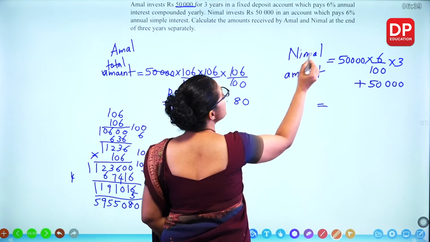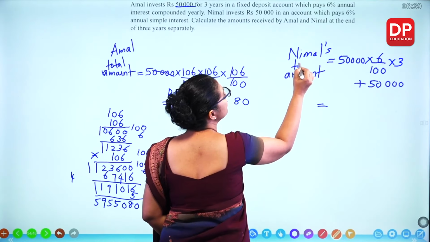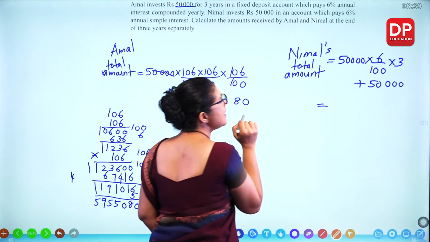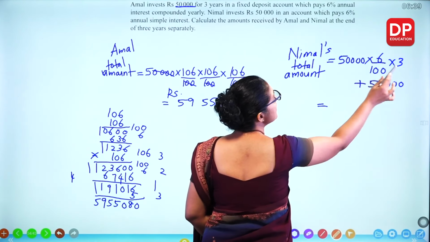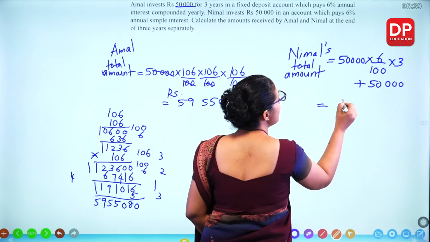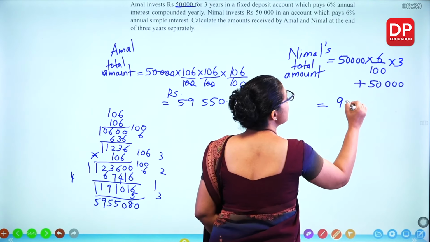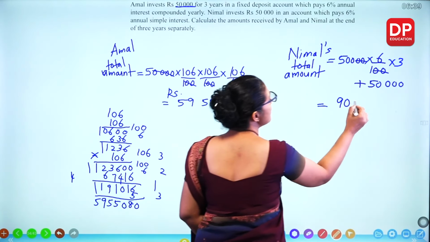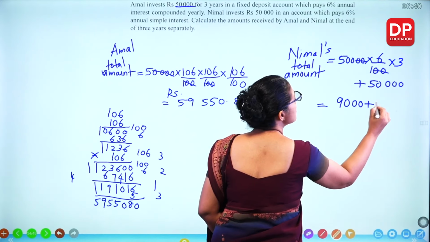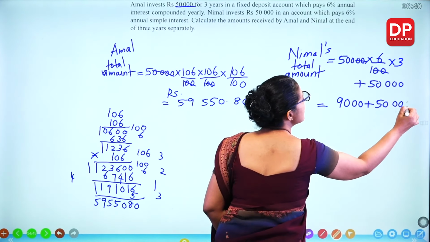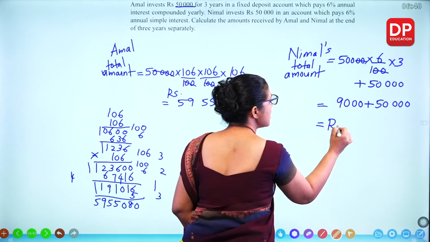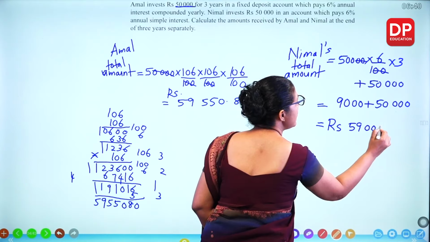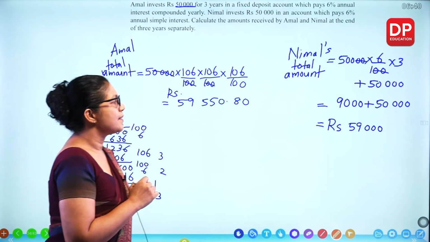So this is Nimal's total amount. So you multiply and see. 6 times 5, 30. 30 times 3, 90. So here 2 zeros get cancelled out and another 2 zeros. So 9,000 plus 50,000. What's the total amount? He received 59,000 rupees.